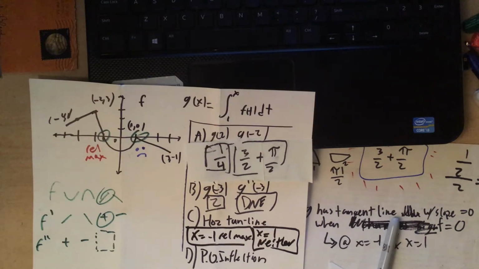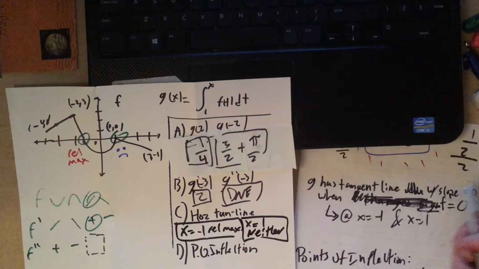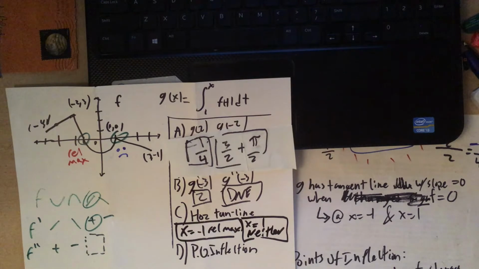Now the last part of the question asks us for when the graph of g has a point of inflection. Now, this would happen when f changes from increasing to decreasing or decreasing to increasing because of our fun chart over here. And we can see that on the graph here.